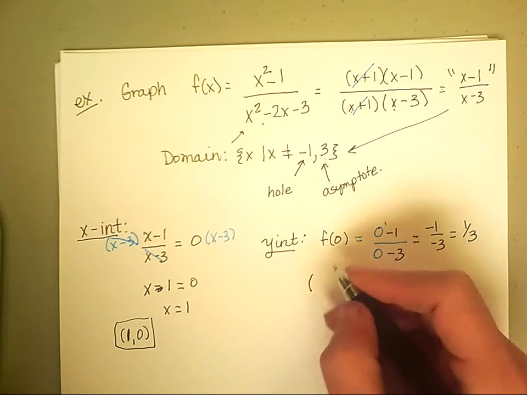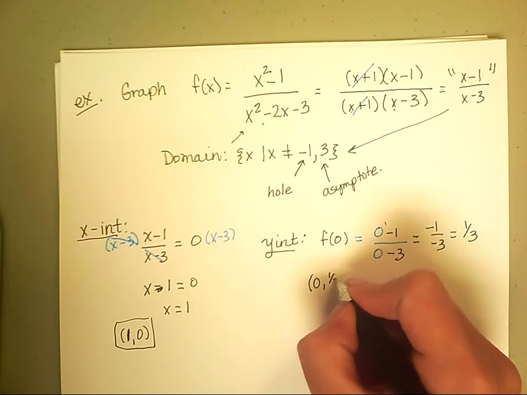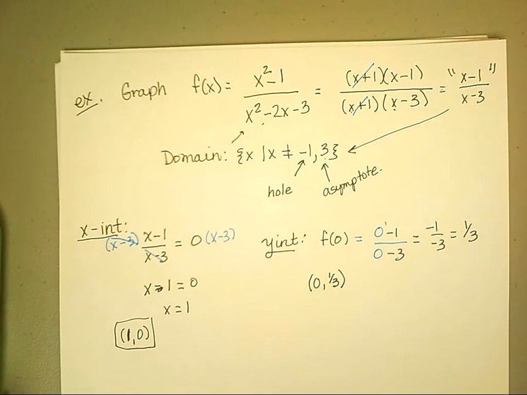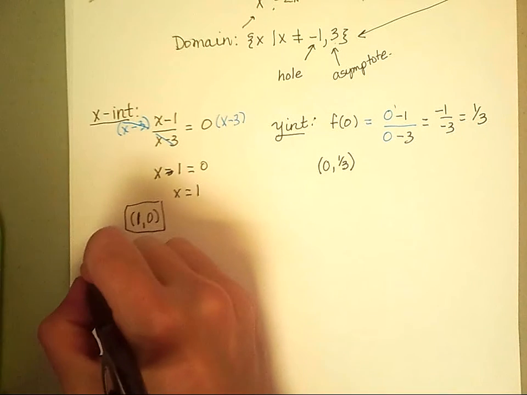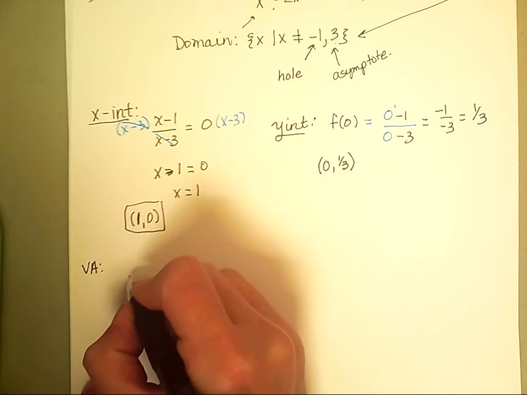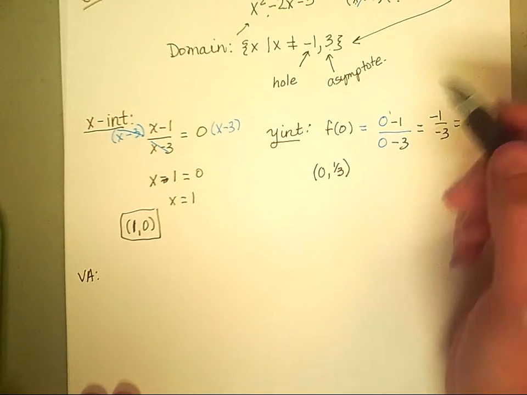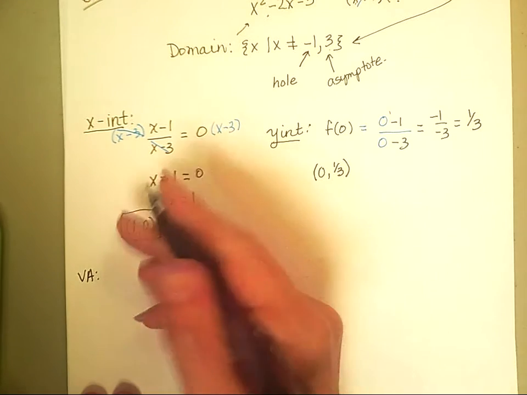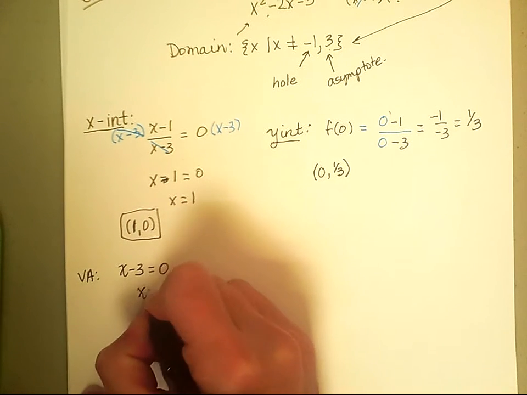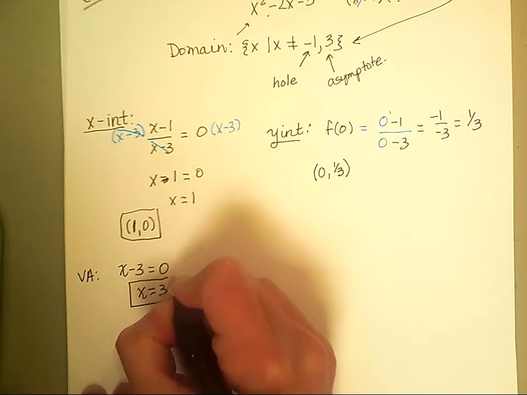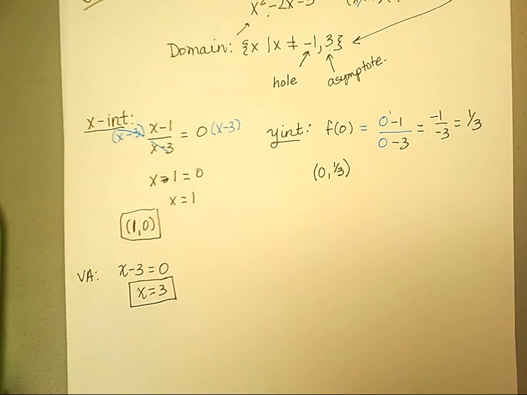So our y-intercept occurs at (0, 1/3). Now we also need to talk about any vertical asymptotes. So that is when the denominator, and we'll just use the reduced function, when does x minus 3 equal 0? When x is equal to 3. So that will be our vertical asymptote.